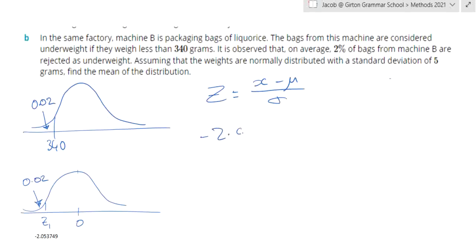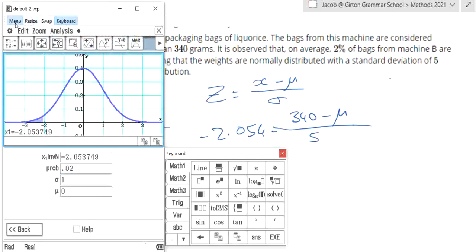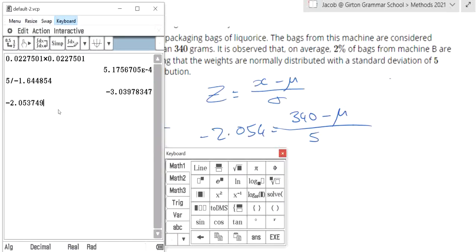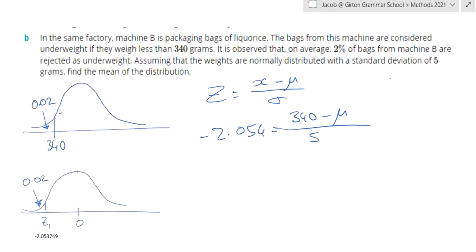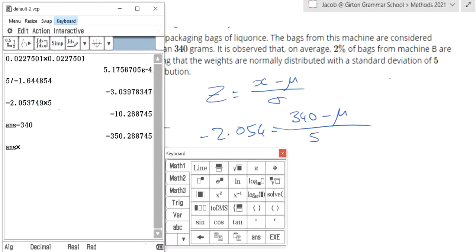So the X value is now 340, the mean we need to solve for, and standard deviation is 5, and if you just plug all that into the CAS, we get a mean, you've got to times that by -1, so we get a mean of 350.2.